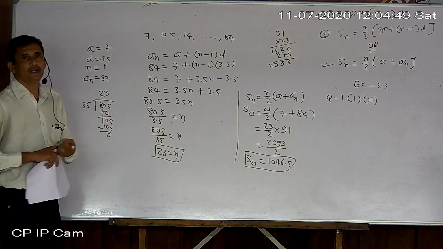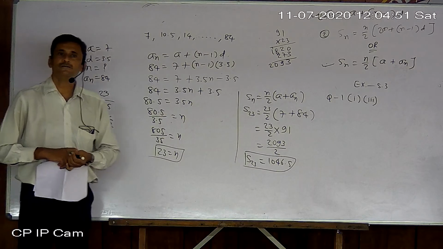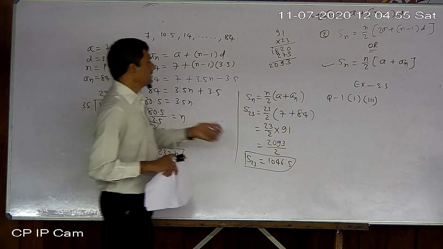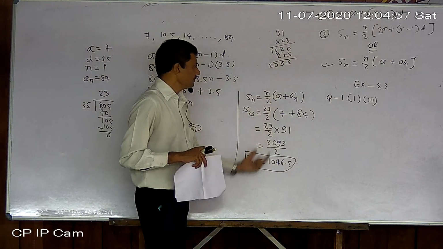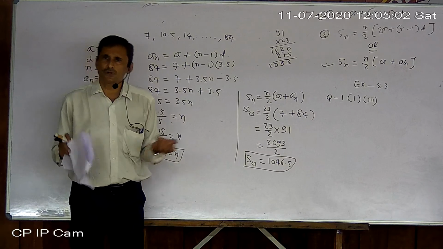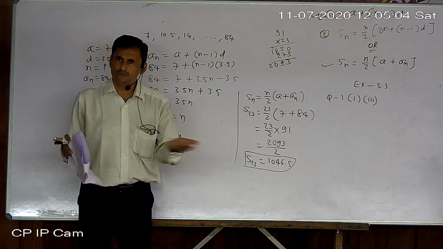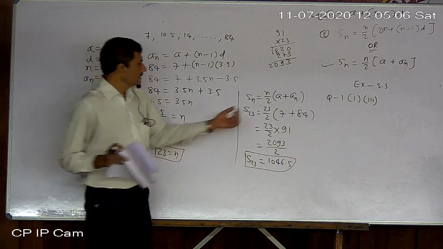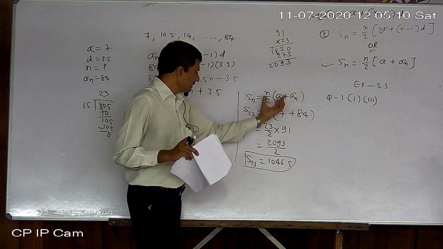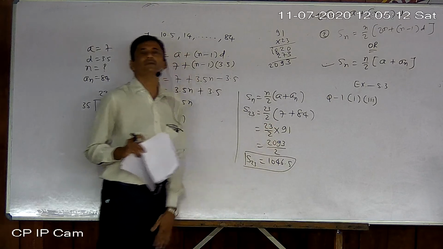After finding n, now we can find our main answer, means the sum. So for getting the sum, there are two formulas, anyone you can use, but whenever the last term is given, obviously we can use the short formula to avoid more time consumed. Okay, so just use that short formula, place our values again and simplify.